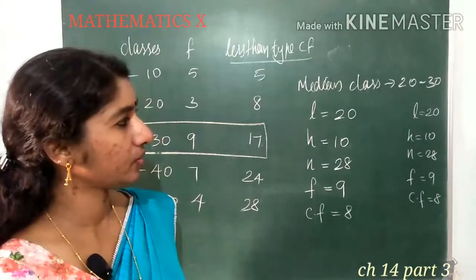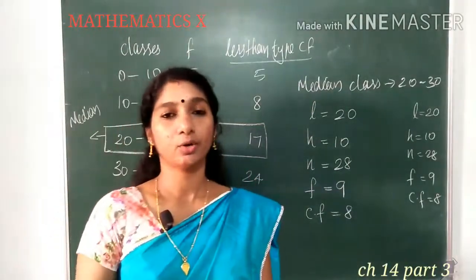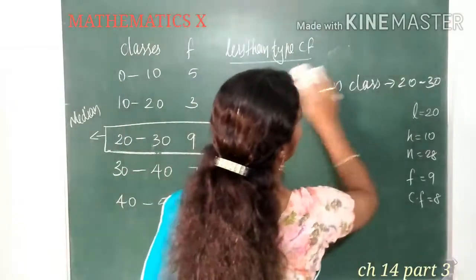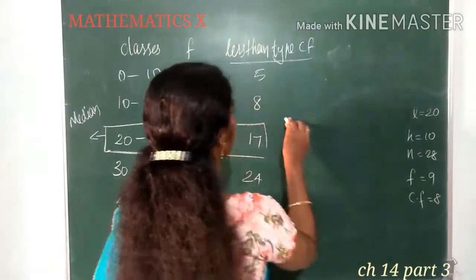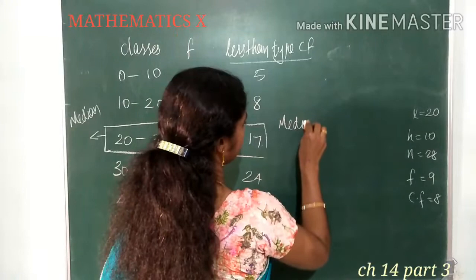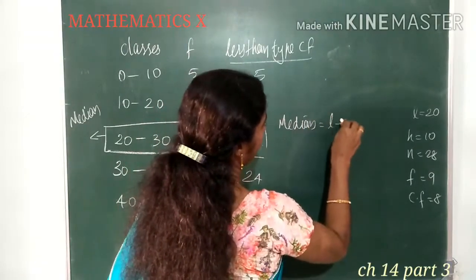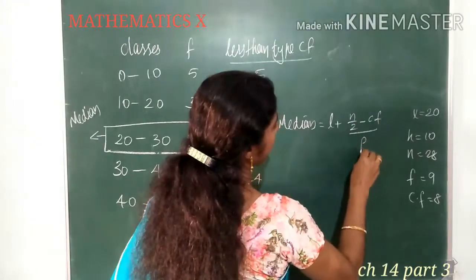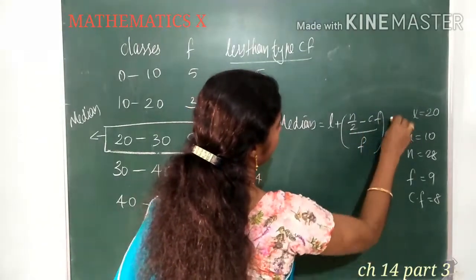So when you are writing the equation, median is equal to L plus (N by 2 minus CF) by F into H.